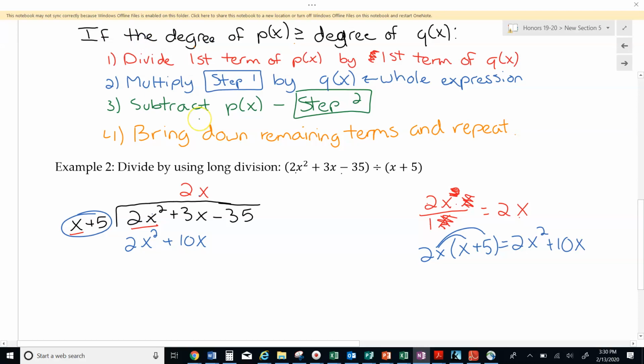My step 3 is to subtract. What I do with subtraction is just like what we did in subtraction in our little mini unit, right? I'm going to change the sign. Let's put that change all signs.